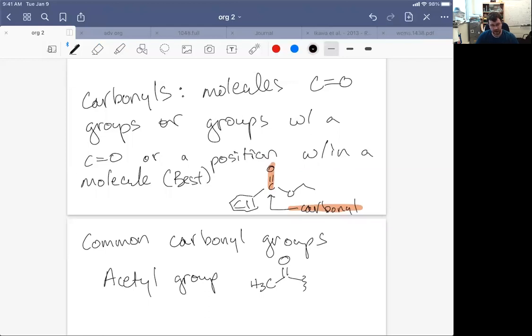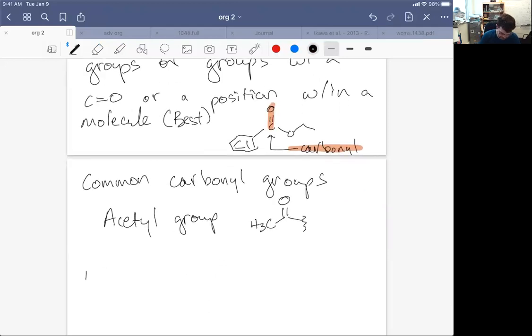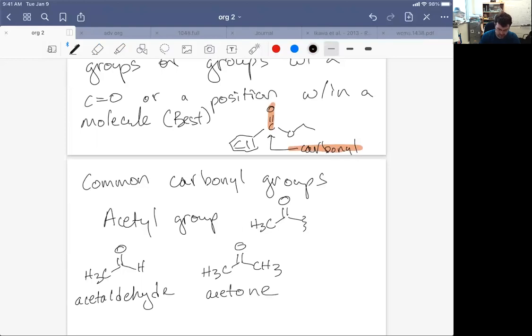So if it's an aldehyde on one side, then we have acetaldehyde. If we've got a ketone where it's a CH3 on either side, we call it acetone.